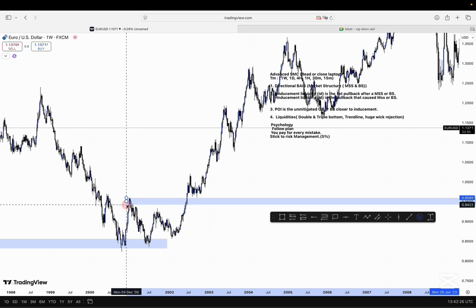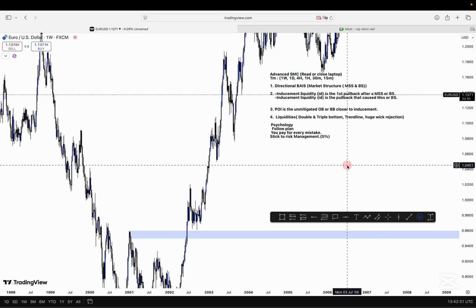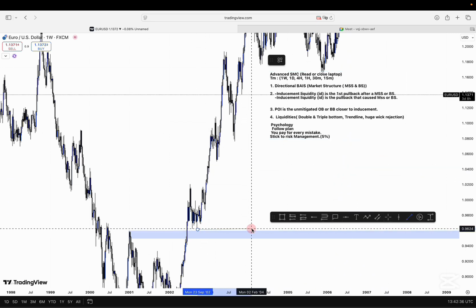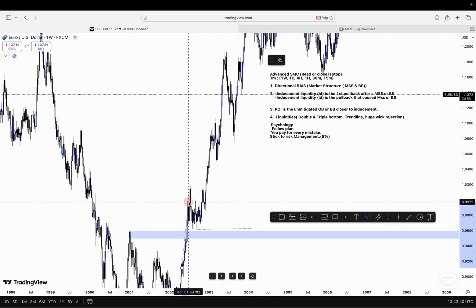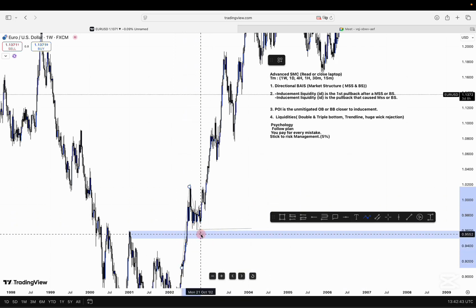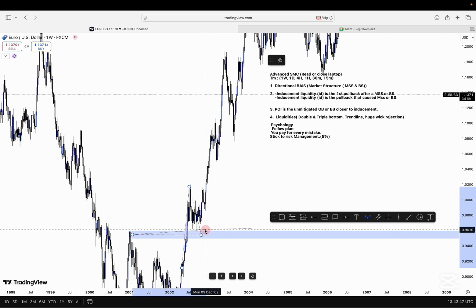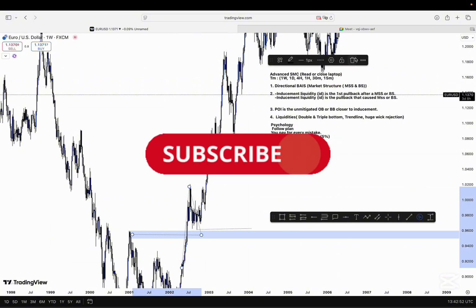This is a breaker block, and this one acted as our inducement. You see, it was supposed to come in after breaking here. It was supposed to come and retest it, but then it couldn't touch the breaker block, and then started rallying up. You get it? Yeah.